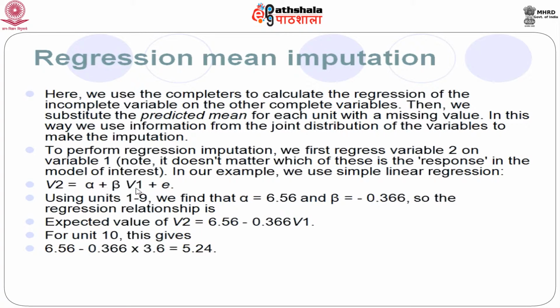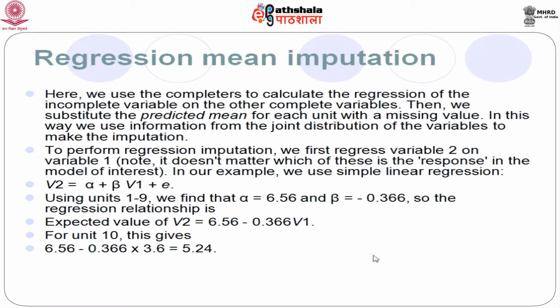Based on the regression I find the estimates for alpha and beta: the estimated value of alpha is 6.56, whereas the estimated value of beta is minus 0.366. So this is the regression equation, and based on it, for an available value of V1 I can predict the value of V2.